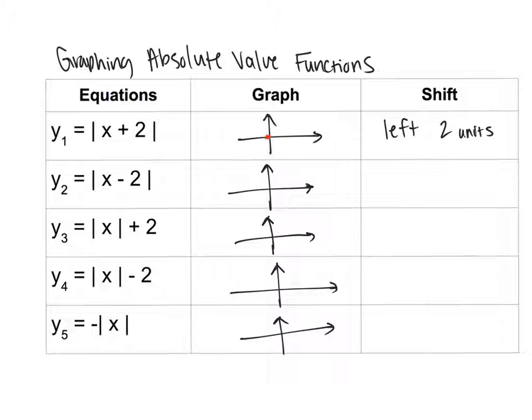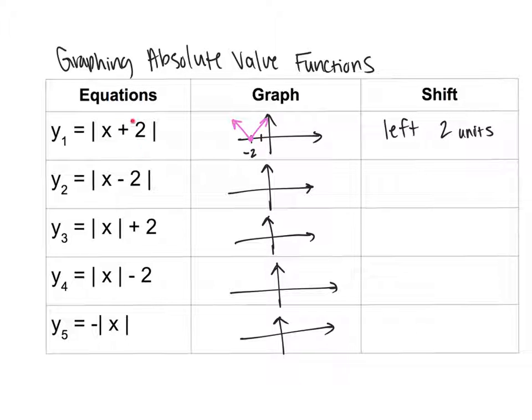Well, now that vertex is going to be shifted 2 units to the left. So I'm going to be going this way instead. So I'm going to make some dashed lines here, plot my vertex, and then draw my V, because that's the shape for absolute values. So at -2 now, or -2, 0, that would be my vertex.